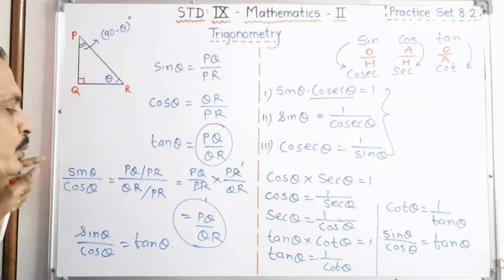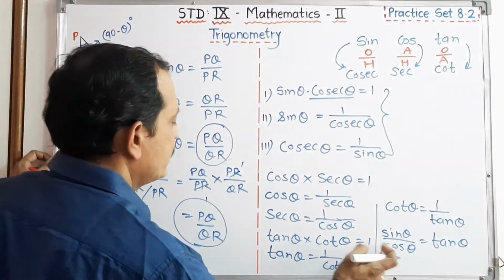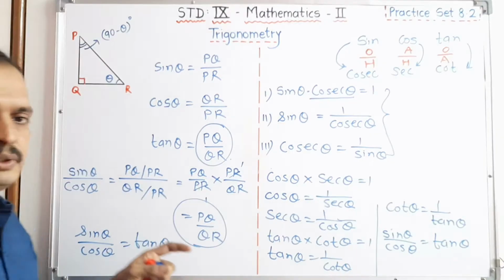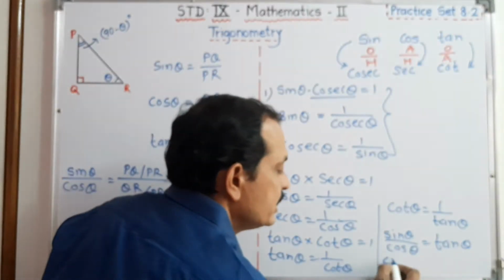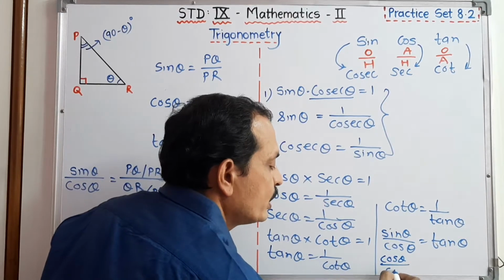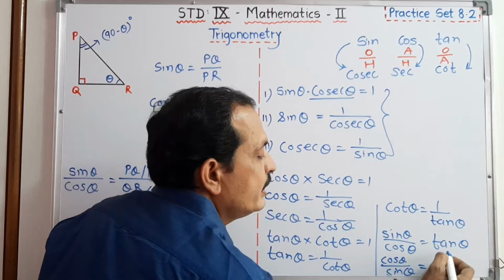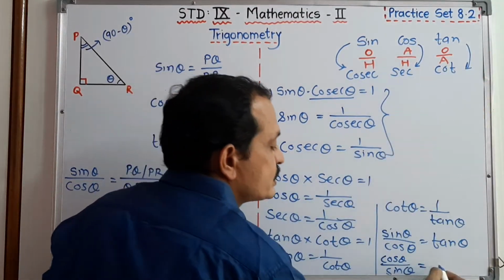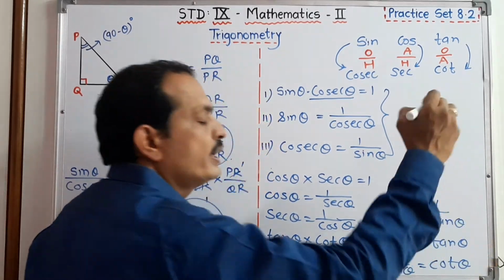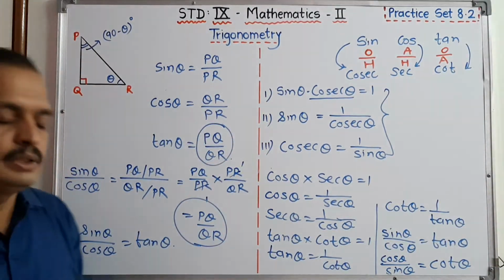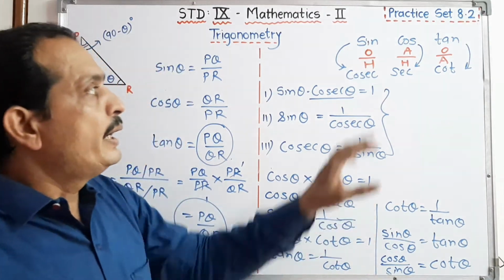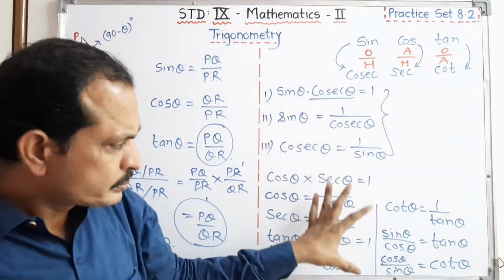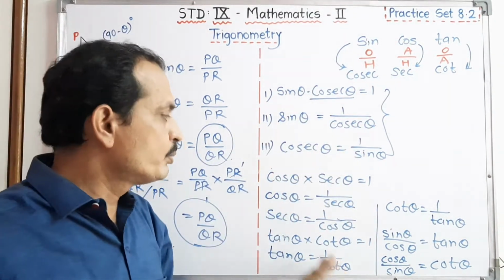And dear student, if we make the inverse of this, it is cos theta upon sin theta, then inverse of tan, we know it is cot theta, therefore we can write here cot theta.